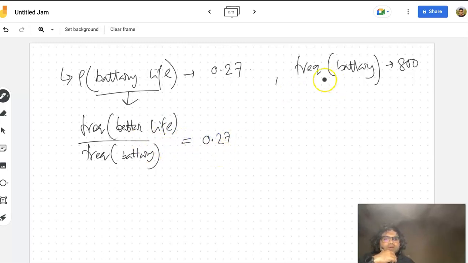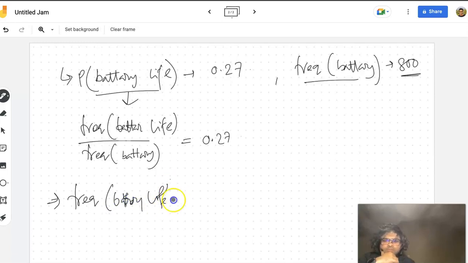Now they are saying that the frequency of "battery" is 800. So from this, we can infer that the frequency of "battery life" is 0.27 into 800.